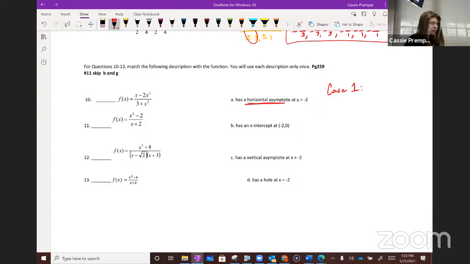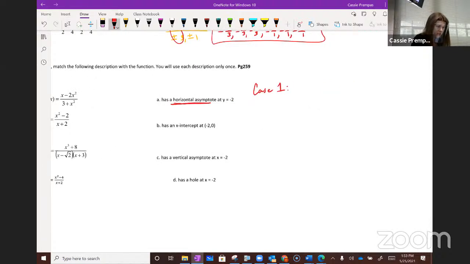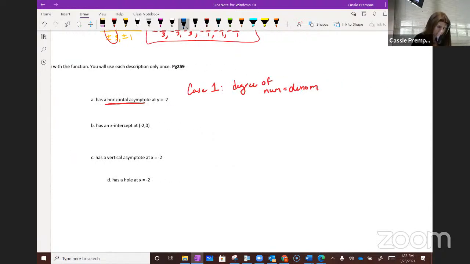Case 1 is if the degree of the numerator equals that of the denominator. I like to look at examples. So example, if we have something like y equals 2x squared over 3x squared, do you guys remember what the horizontal asymptote would be there?